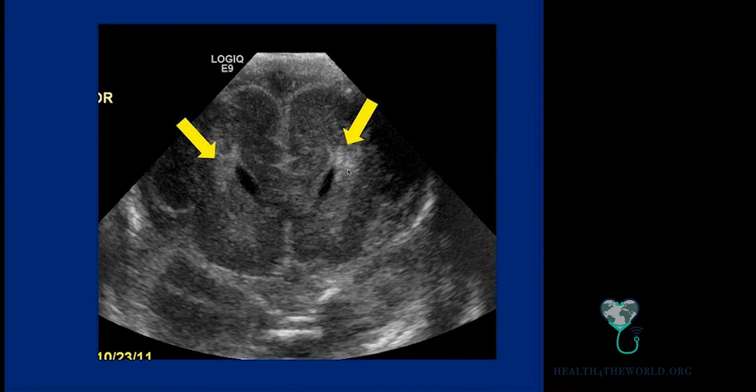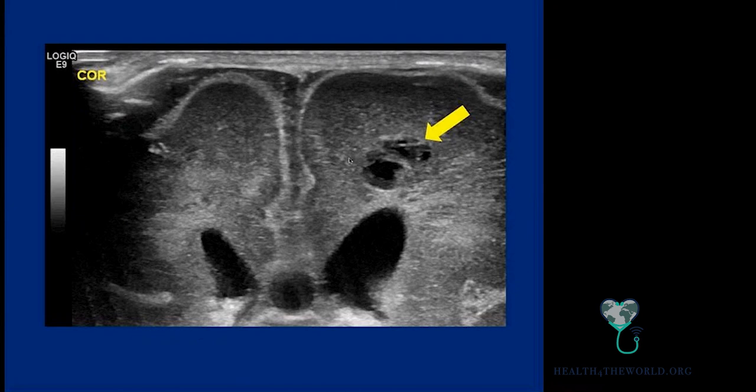Again, we showed you that the normal one was little dots and dashes, and that it wasn't as bright as the choroid plexus. Here, instead of normal, it is very echogenic, with these little linear patchy things that look more like splotches of paint, and this is abnormal white matter.